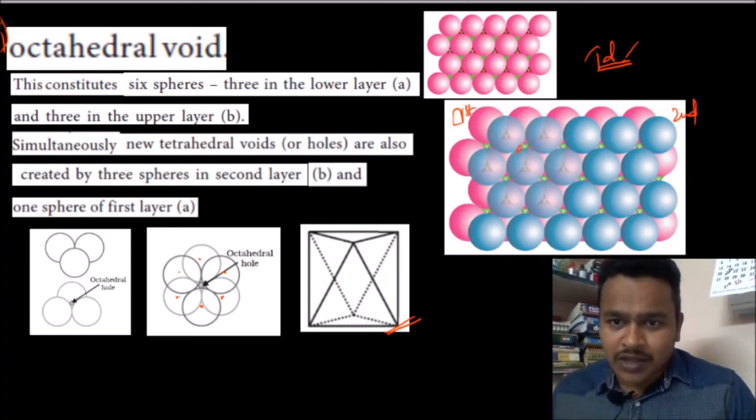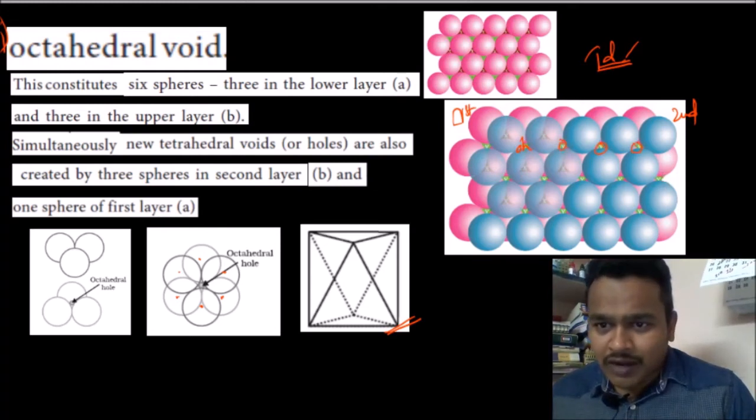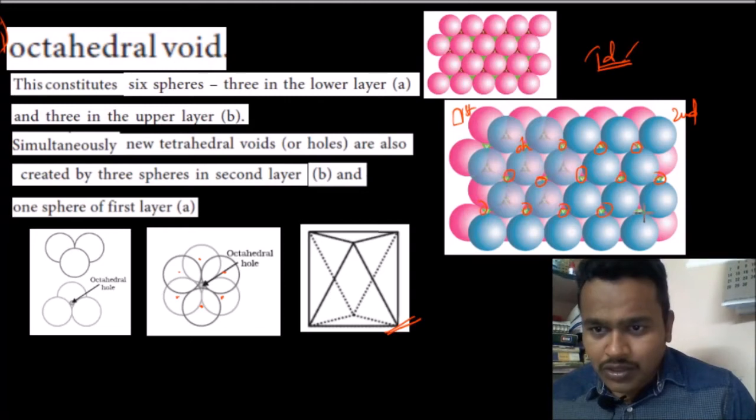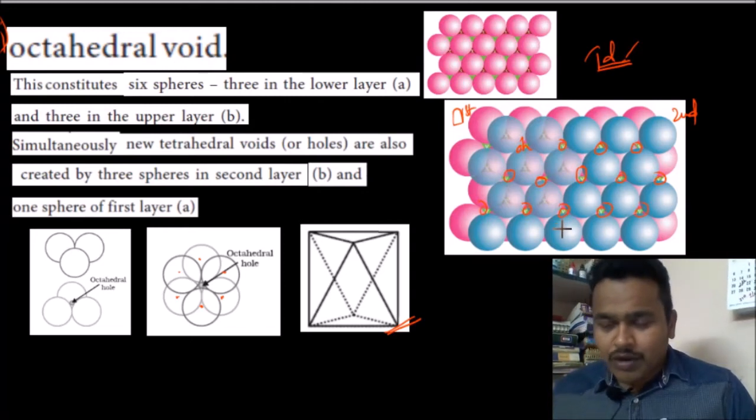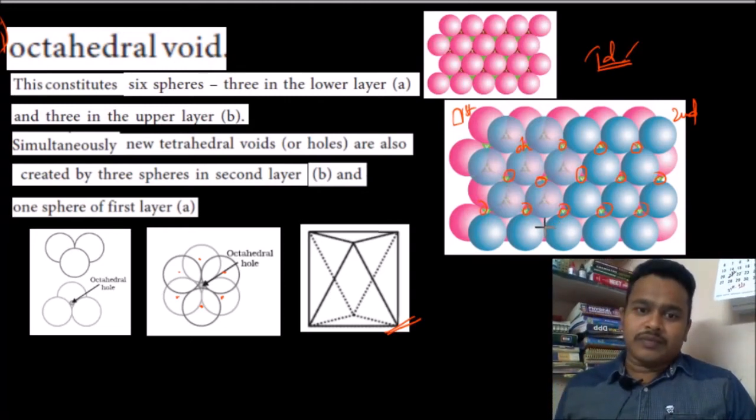So this is an octahedral void, and all these are octahedral voids. You can observe carefully, it is forming with 6 spheres: above 3, below 3, otherwise below 3, above 3. The void is forming like this.